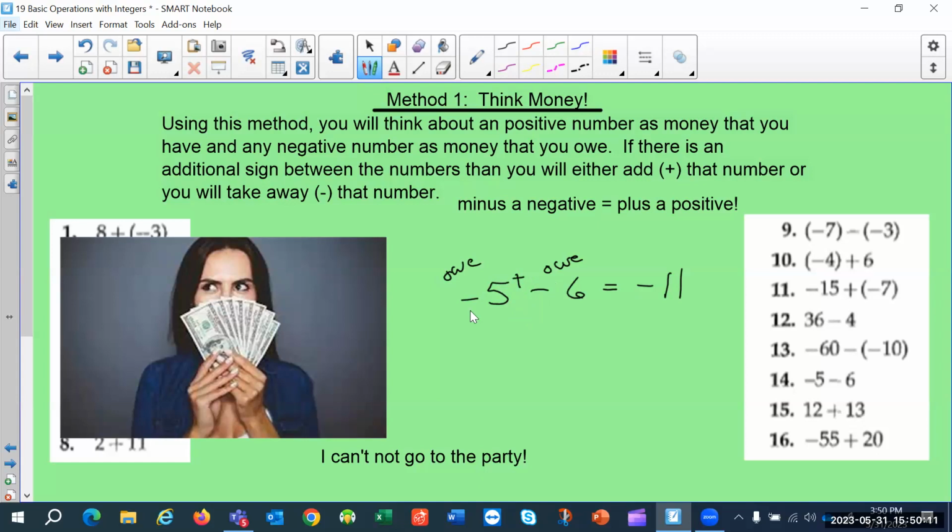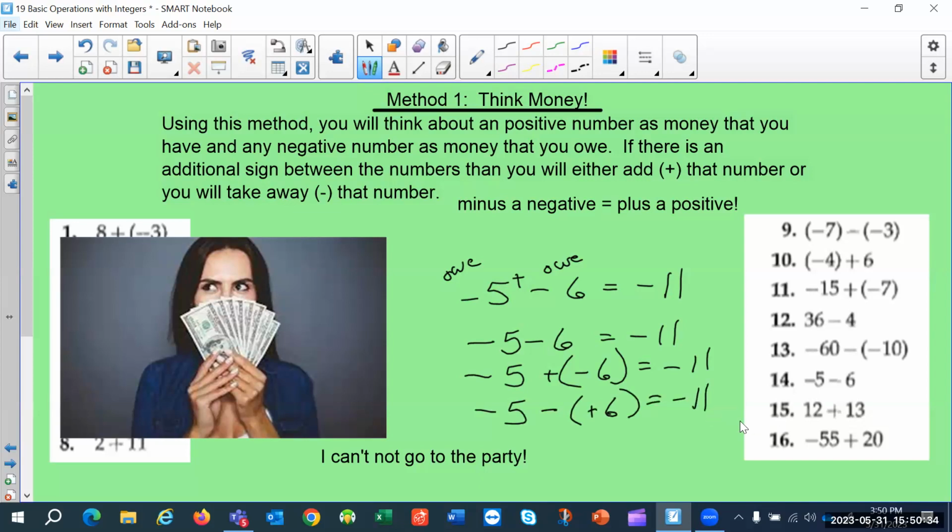We owe $5 and we owe $6, still -11. So -5 minus 6 is -11. -5 plus -6 is still -11. And -5 minus +6, it's still -11. So these sign combinations are exactly the same thing, and we'll talk about that a little bit with our second method.